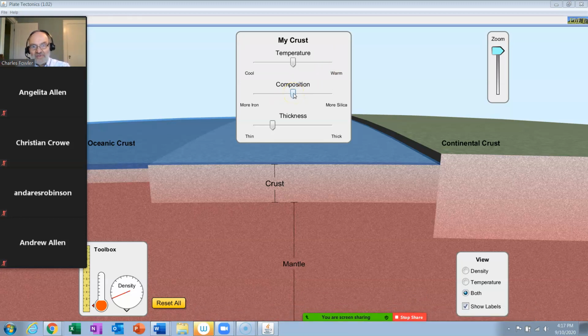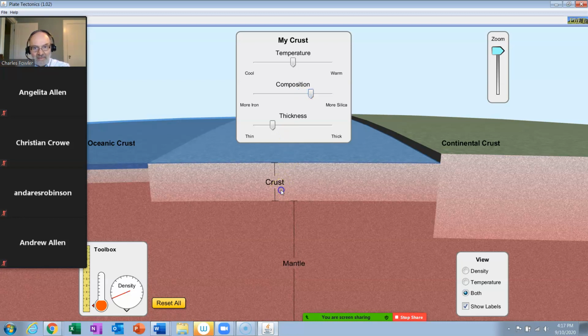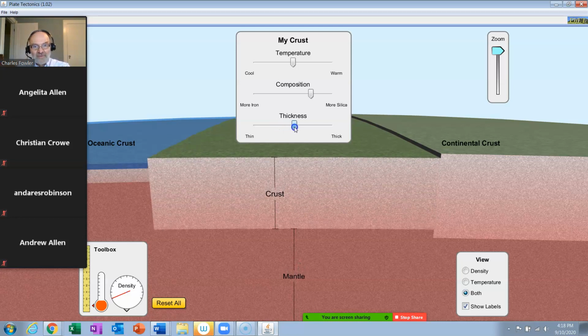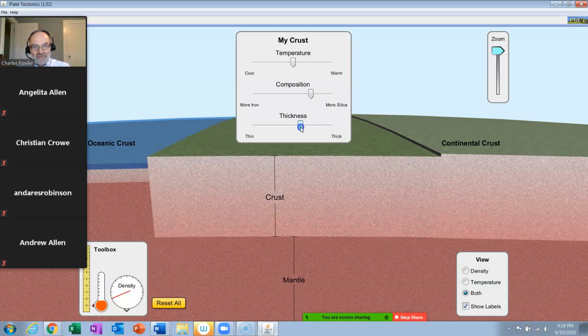We adjust this composition until we get, okay. I guess the first thing we do is thickness. Okay, you see when I'm moving this, you see what's happening? My crust is growing thicker. I'm going to try to match the continental crust. Okay, not quite matching, so I'm going to do my composition to see what I can do here.